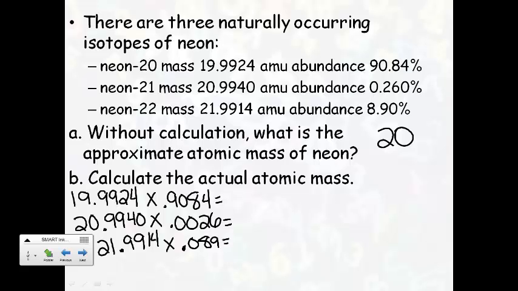All right, let me work all these out for us real quick. All right, so for the first one, I got 18.16109616, and I'm just writing the full number so that we can make sure that we are getting the correct numbers here.